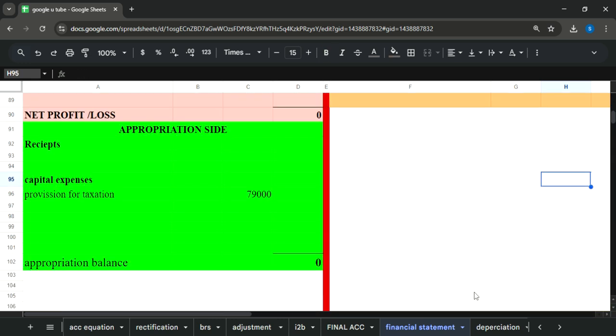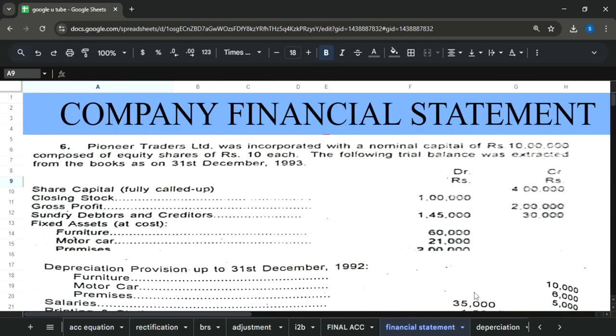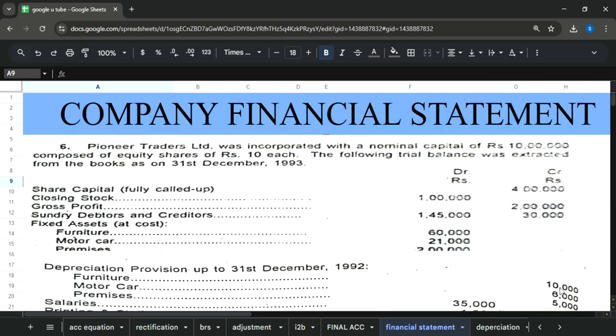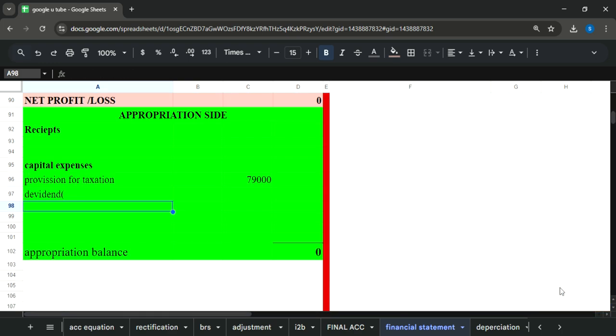Alright guys, there is another provision, that is the proposed dividend 15%. Again you will come over here and mention dividend, and we will be calculating dividend. For that we need capital. Let's see where it is. The first element is capital, amount of which is 4 lakh, and we need to calculate 15% dividend upon 4 lakh.